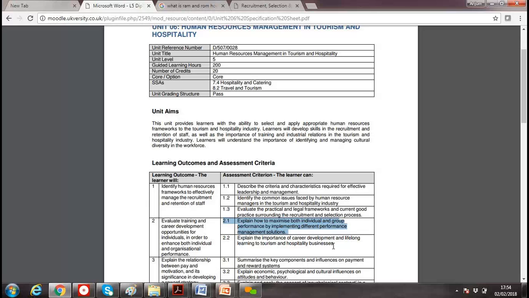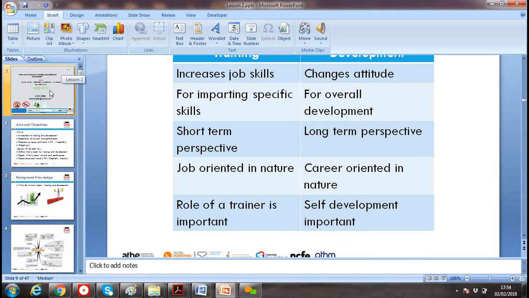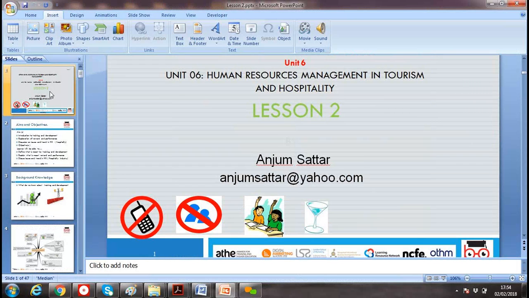We'll try to link career development and lifelong learning to tourism and hospitality businesses. Lifelong learning is quite crucial because things become obsolete with the passage of time, and skills always need upskilling. So maybe we'll say, oh, I have a master's degree, I'm perfect in my profession. I'm not.